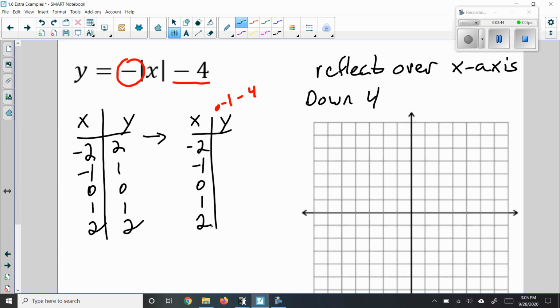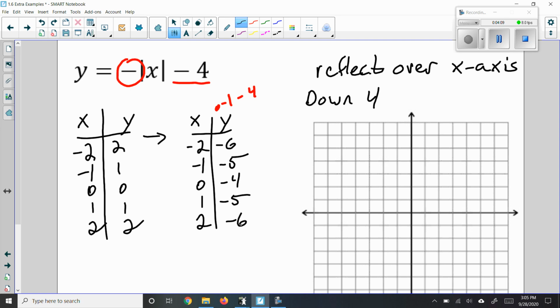Now I'll follow the order of operations. I'll multiply, then subtract. So 2 times -1 is -2, minus 4 is -6. 1 times -1 is -1, minus 4 is -5. And we'll just continue on down.